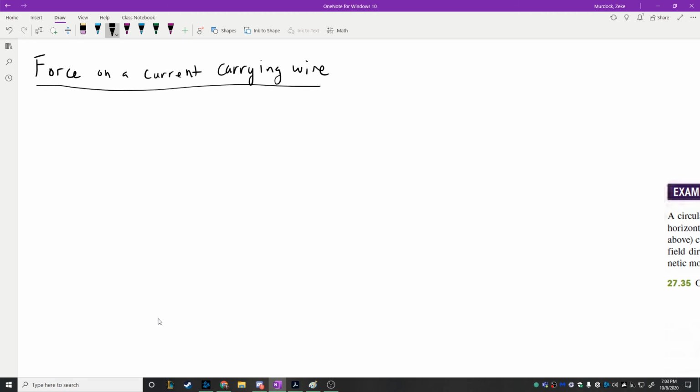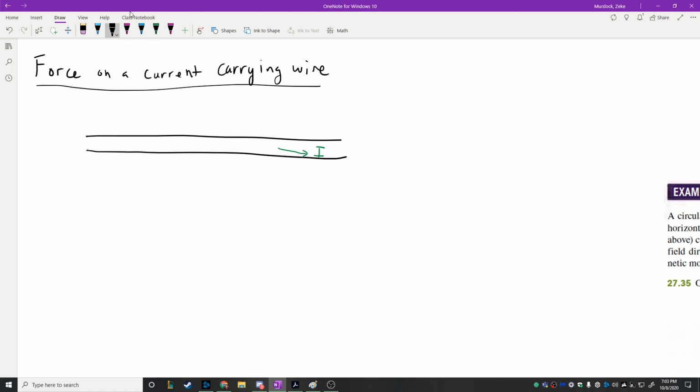Would you prefer to see the math first or the demo first with this? Okay, the math. So say that I have a wire. I tell you that it carries a current I that goes in this direction here.